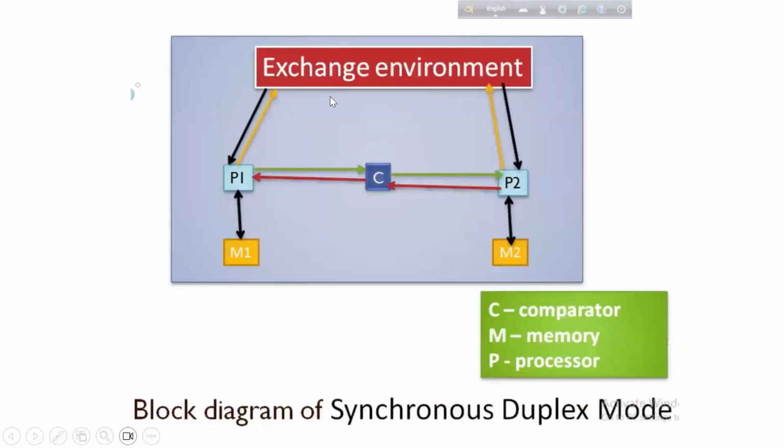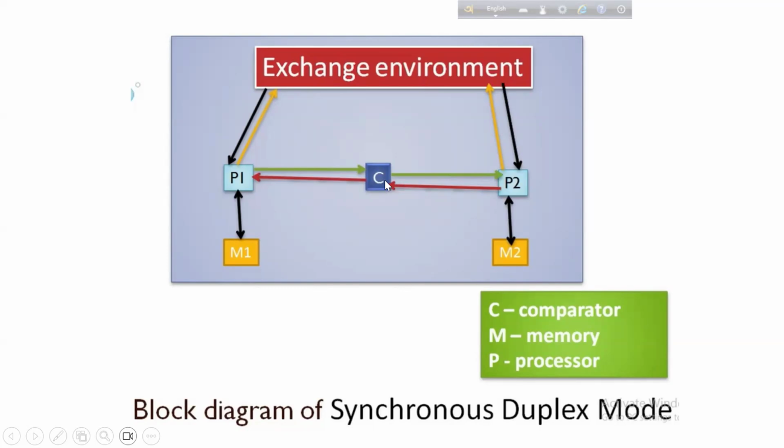If you see the block diagram, there are two processors P1 and P2, connected with different memories M1 and M2, and there is a comparator.